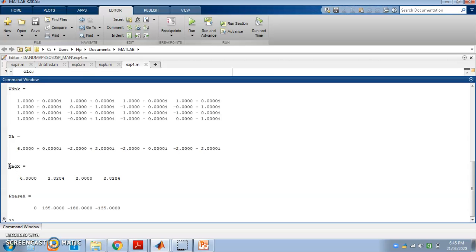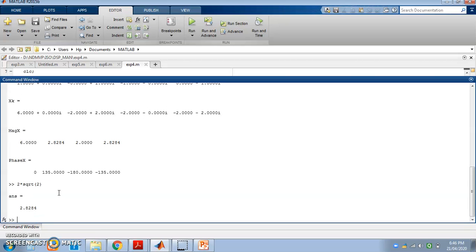Here the magnitudes are 6, 2.82, 2.82. This is nothing but 2 root 2, so it is 2 times SQRT of 2, which is 2.8284.